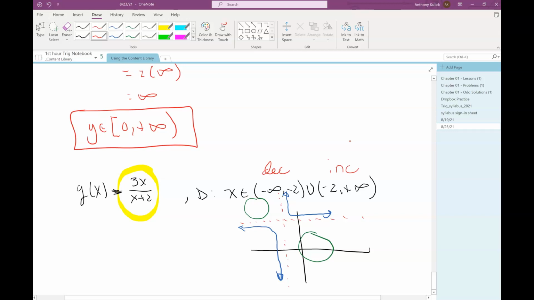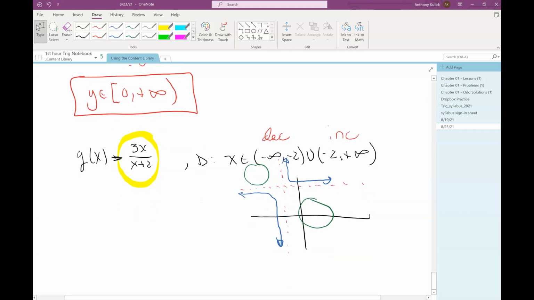Is everybody okay how just looking at the graph I was able to determine increasing and decreasing, just looking at the picture? Again, if you forgot how to get the picture for something like this, which is totally reasonable thing to have forgotten because it's kind of complicated and there's a lot of detail there and a lot of things to remember and it's been a year, you could type it in your calculator and look at the picture. Not an unreasonable thing to do to just determine like the increasing and decreasing parts.